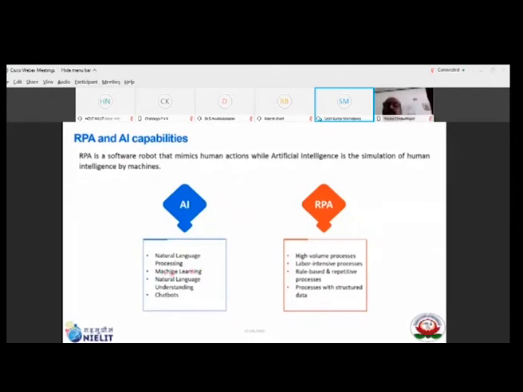With the help of trained models and the awareness of natural languages, it becomes a more sophisticated robot which can solve our problems. So this is where currently the entire world is right now. RPA is being applied only with AI capabilities available on top of it.